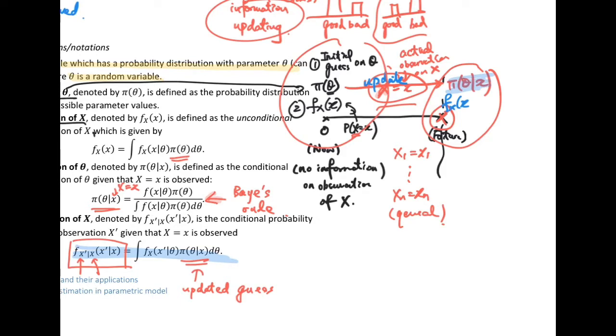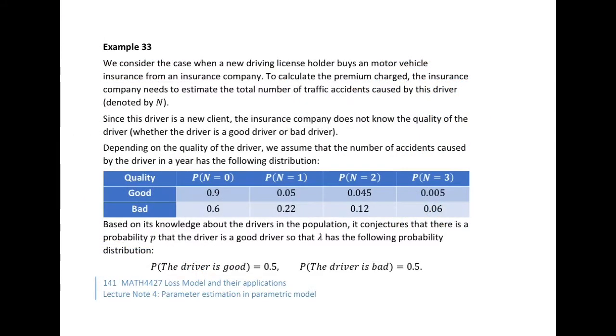So we are going to show you a numerical example of this Bayesian estimation. Let's take a look at example 33. This example is similar to the example that I proposed before. Here we consider a problem faced by an insurance company. Let's say we have a client who just got a new driving license, and he wants to buy motor vehicle insurance.